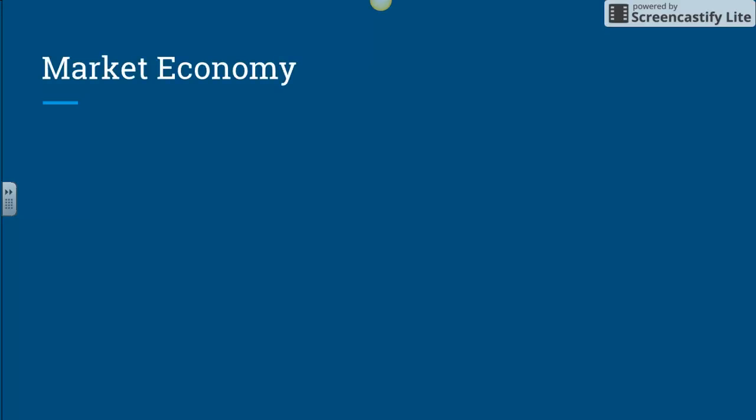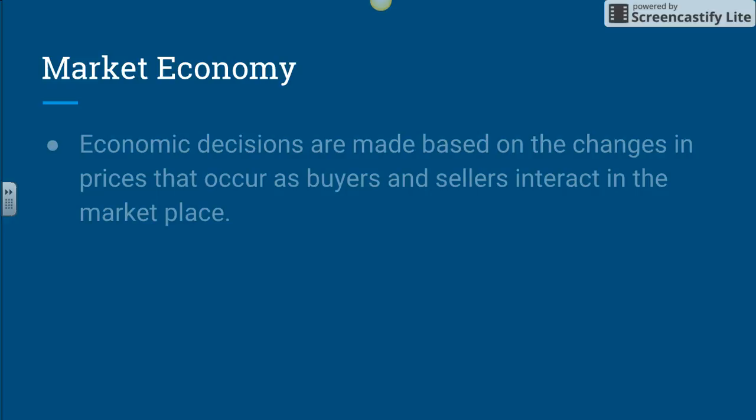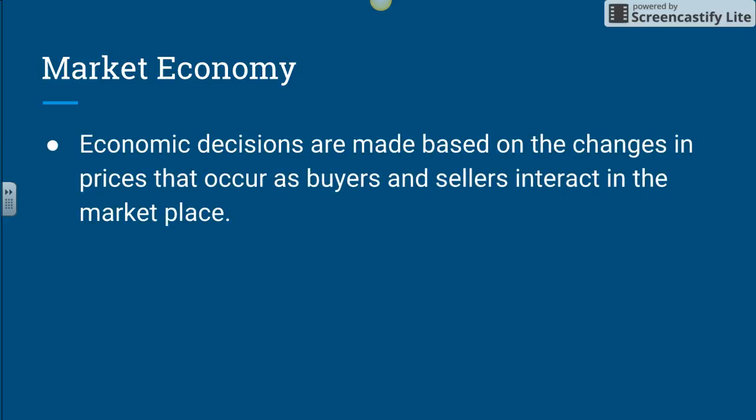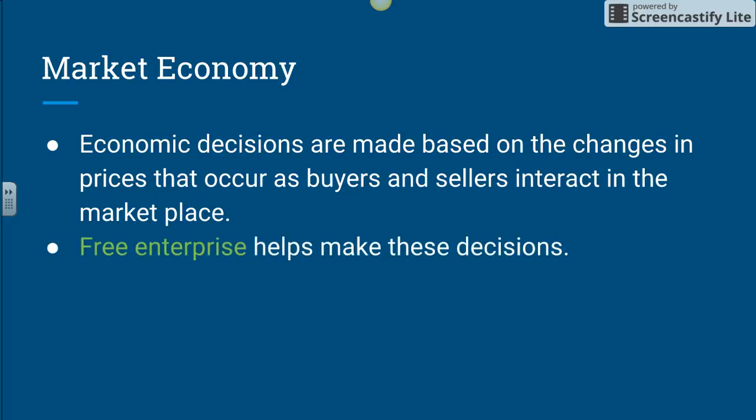Our next kind of economy is a market economy. In a market economy, economic decisions are made based on the changes in prices that occur as buyers and sellers interact in the market. Free enterprise helps make these decisions.